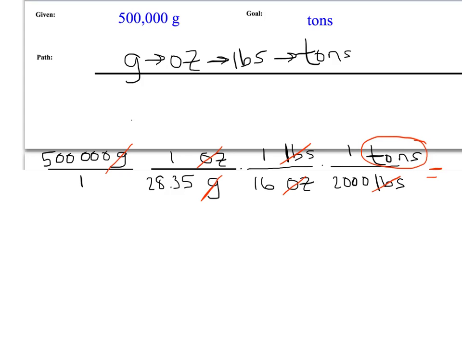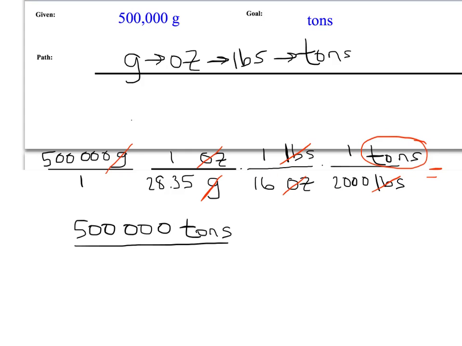So I take all of the numerators and multiply them together. 500,000 times 1 times 1 times 1. And I get 500,000, and I still have tons left. Now what I want to do is divide that by the denominator. The denominator would be 1 times 28.35 times 16 times 2,000.